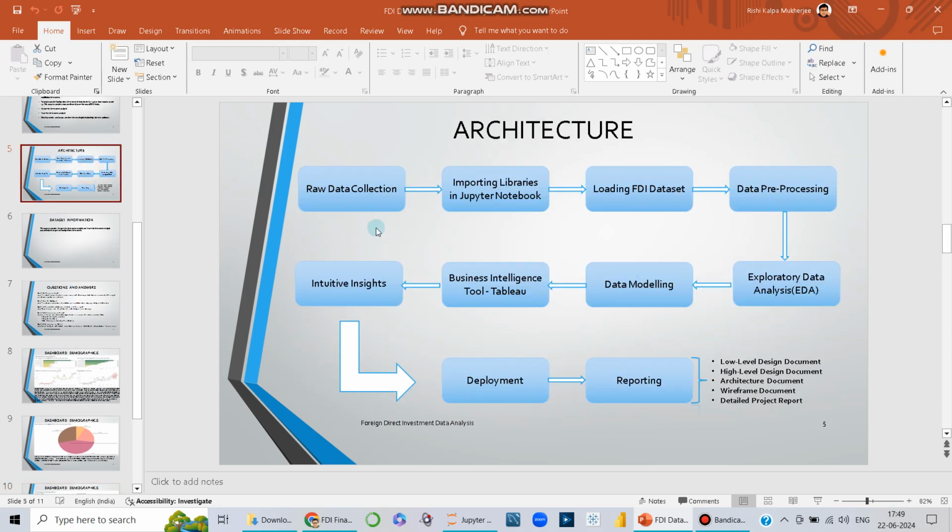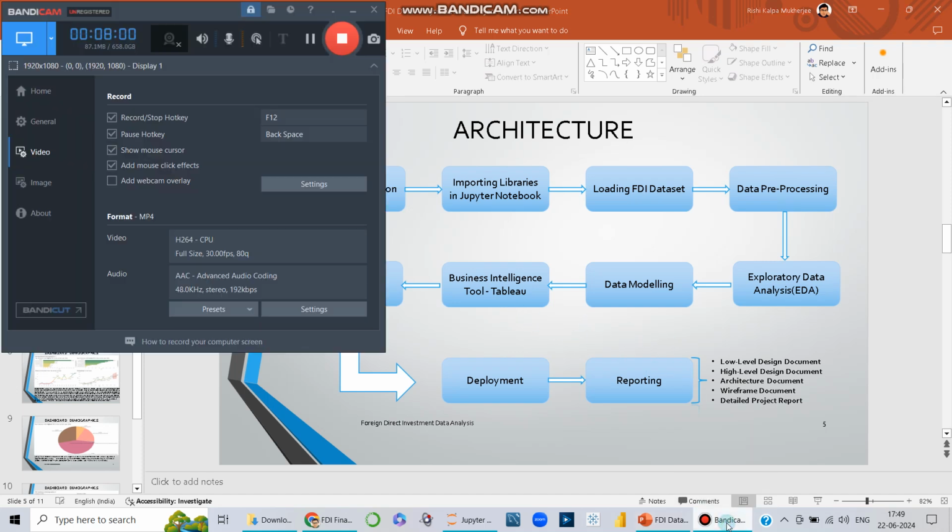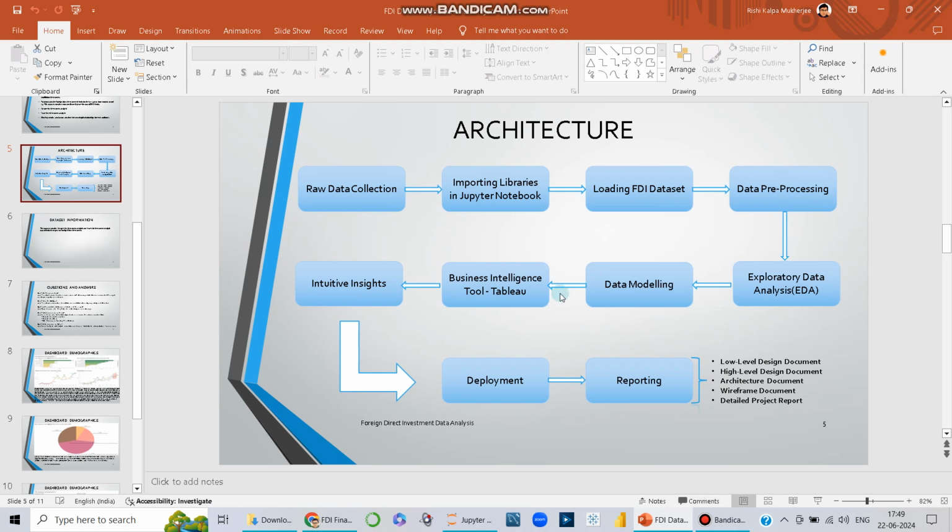We can make use of any business intelligence tool. I have used Tableau, and any other business tool like Spotfire, QlikSense, QlikView or Power BI can be used for creating an intuitive dashboard.